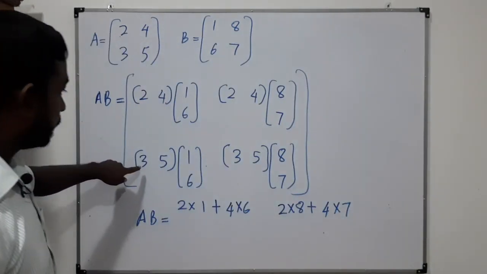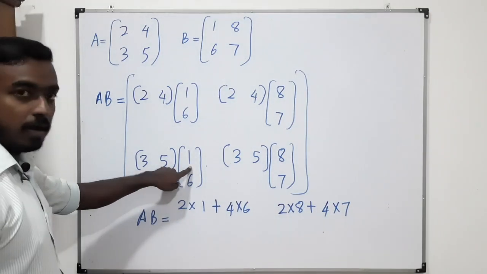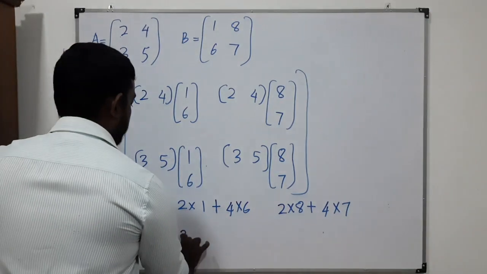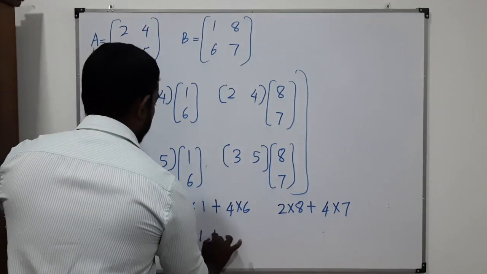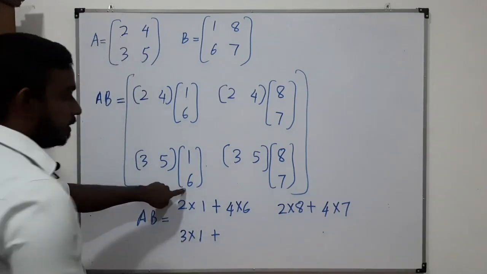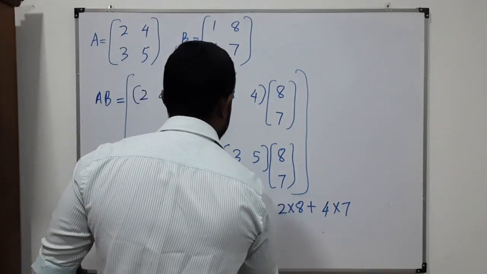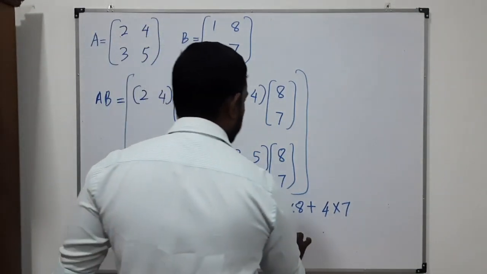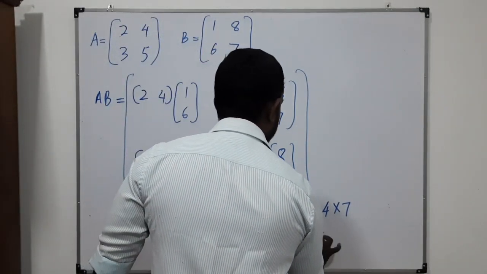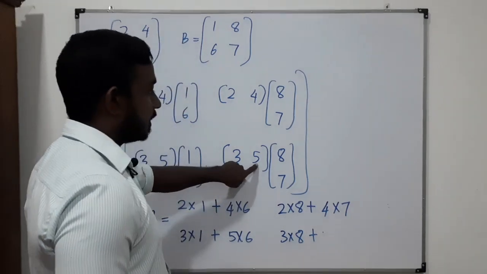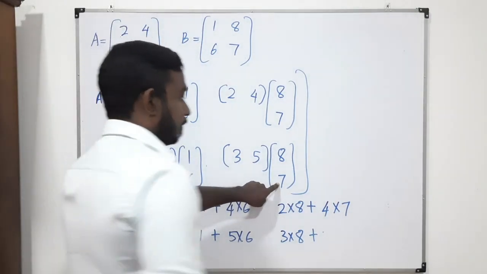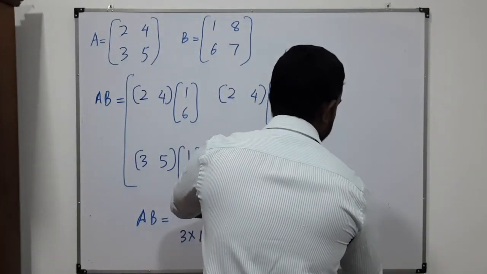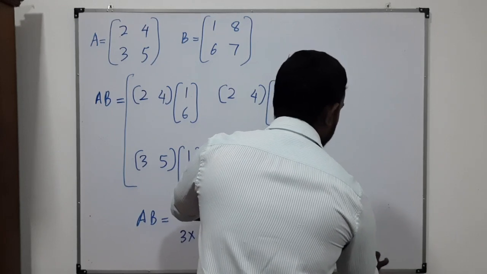Then again 3 times 1 plus 5 times 6. Then 3 times 8 plus 5 times 7. So there is a pattern you have to understand.